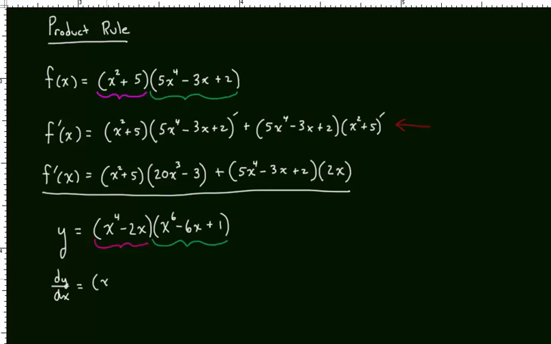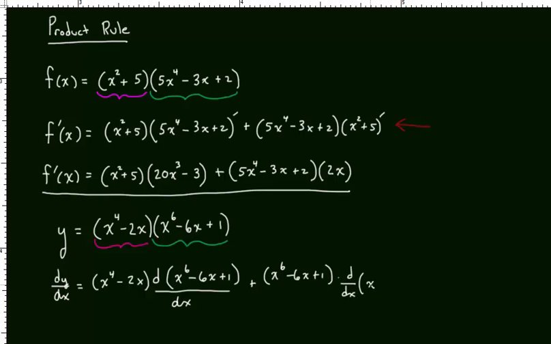So we have first term, and then we show that we're taking the derivative of the second term by saying the derivative of x to the power of 6 minus 6x plus 1, and then we do that with respect to x, plus second term x to the power of 6 minus 6x plus 1 times the derivative with respect to x of the first term, x to the power of 4 minus 2x.